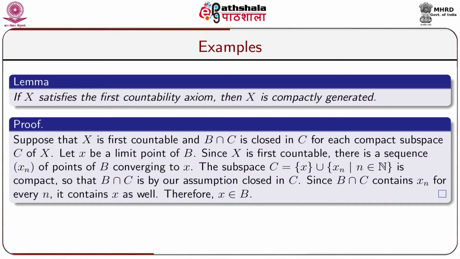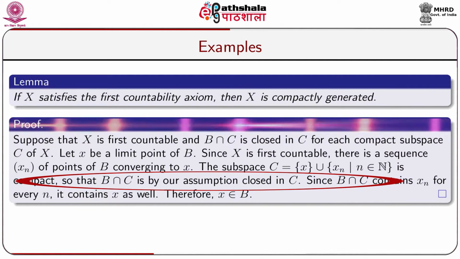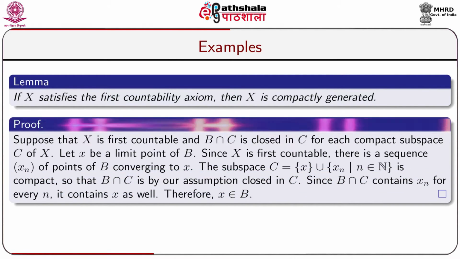Then C is a compact subset of the first countable space X. Now, since C is compact, B intersection C is, by our assumption, closed in C.